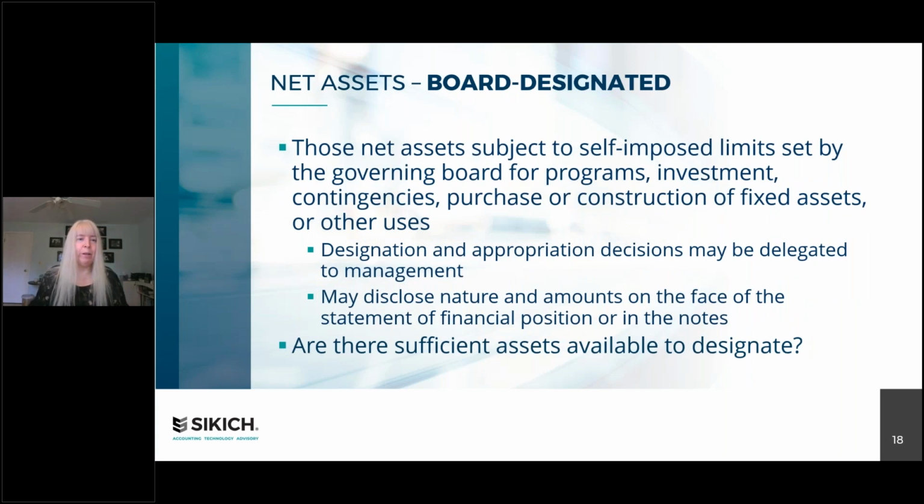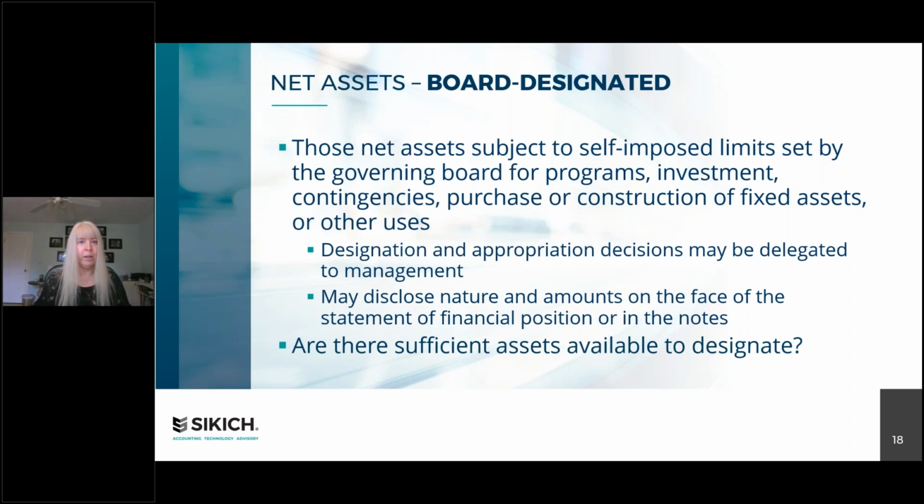Net assets, where we find some issues in financial statements, are the board designations of net assets not properly reflected either in the statement of financial position or properly disclosed in the notes. So your board designations are designations of net assets without donor restrictions, but they're subject to self-imposed limits set by the board.